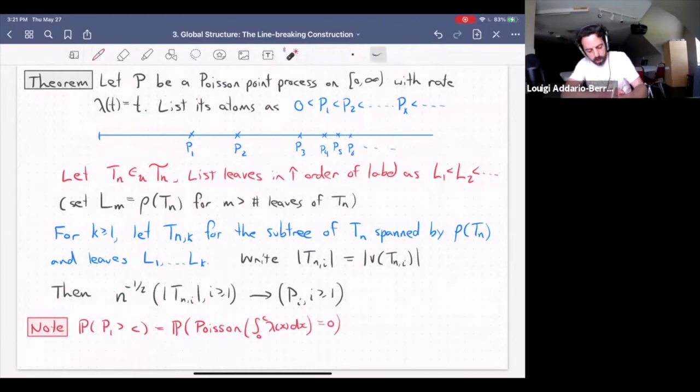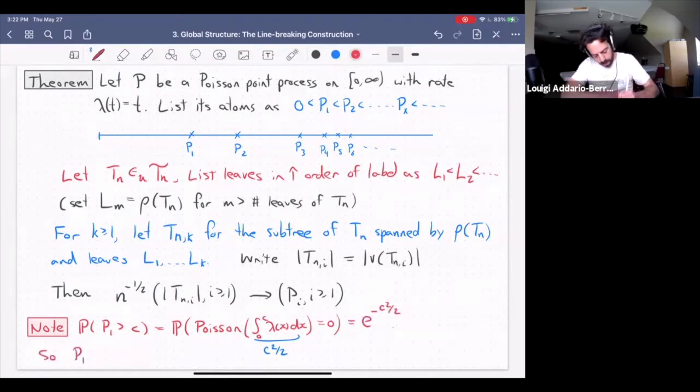The rate function we said was just linear, so lambda of x is equal to x, and so this integral is c squared on 2. And so we're asking for a Poisson with mean c squared on 2 to be equal to 0. That's exactly e to the minus c squared on 2. So that is to say that P1 is Rayleigh distributed. And so this theorem really extends the previous corollary.